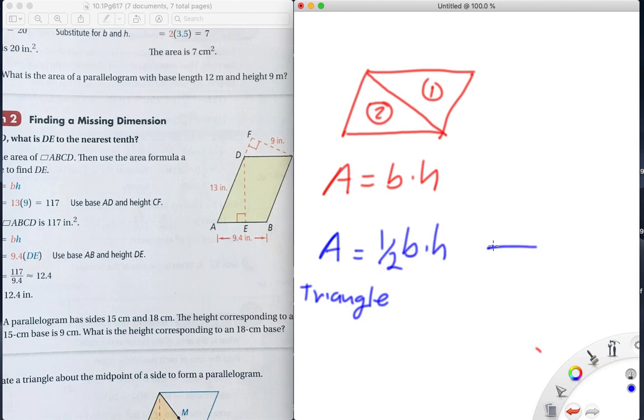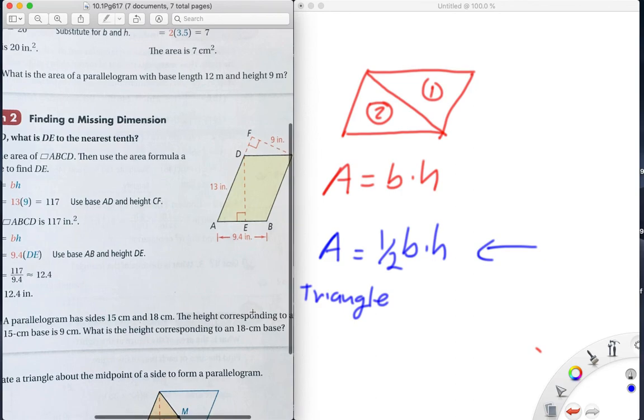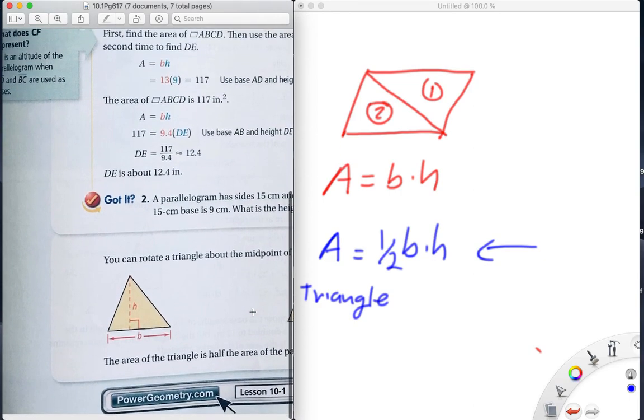And that is where the area of a triangle comes from. If the area of a parallelogram is base times height, and I can cut the parallelogram into two equal triangles, basically cutting the parallelogram in half, then I can say that the area of a triangle is 1/2 base times height. And that is exactly where we get the equation from.